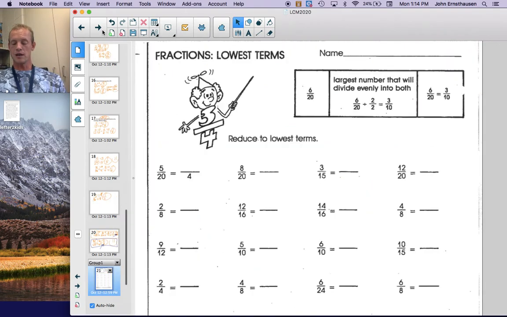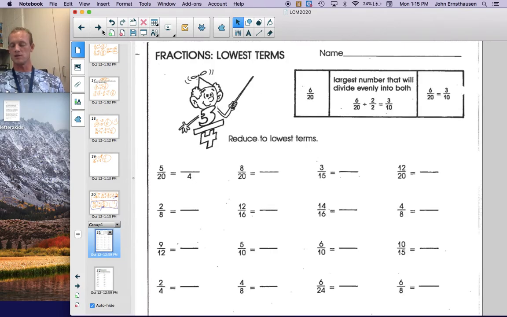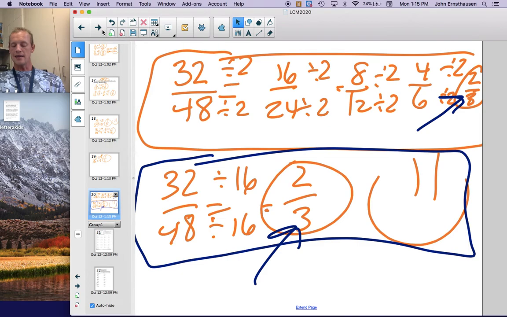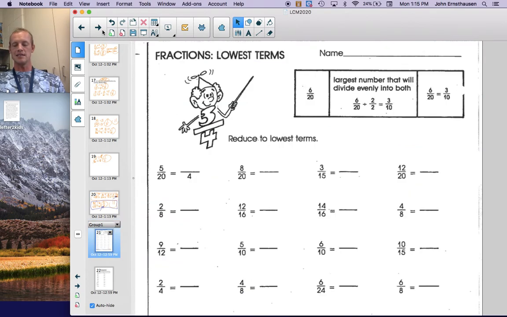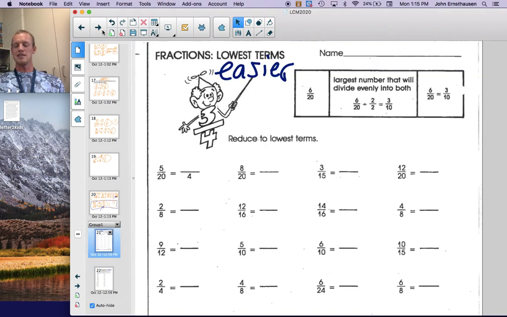Okay, so here's what I would like you guys to do. There is a worksheet that I gave you earlier in the week with two sides. I think this side is a little easier. I think this side is a little bit harder, not much. The harder side is shorter though, there's less problems. The easier side's longer, but there's more problems.